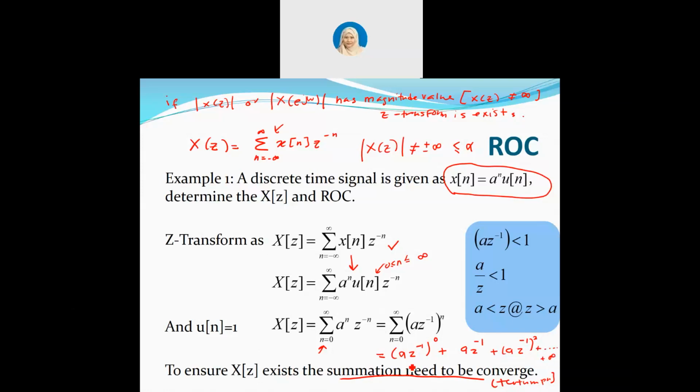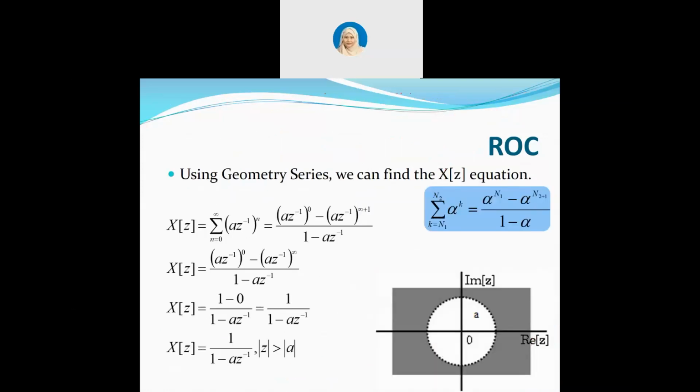So this is an open form solution. Using the geometric series equation, we can find the closed form. Look here: the summation of alpha^k for k from n1 to n2 equals (alpha^n1 minus alpha^(n2+1)) over (1 minus alpha).